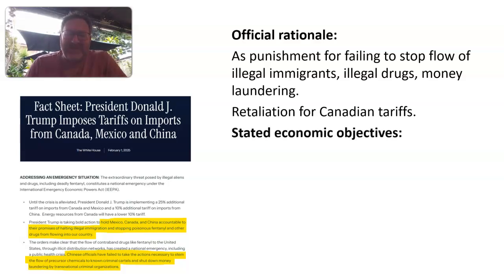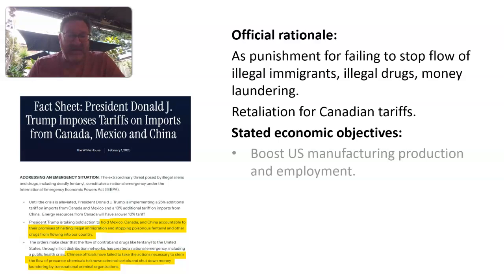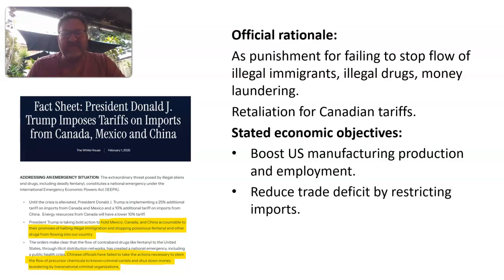As far as economic objectives go, however, there's really two major goals here, I think. One is to boost US manufacturing production and employment, bring jobs back to the United States, and the other is to reduce the trade deficit by restricting imports.